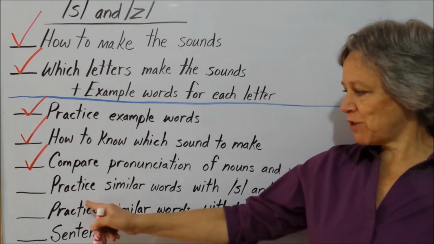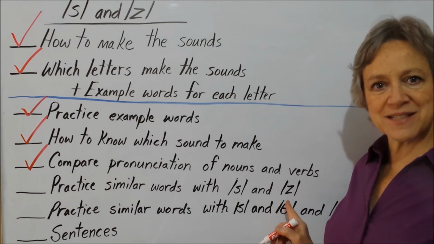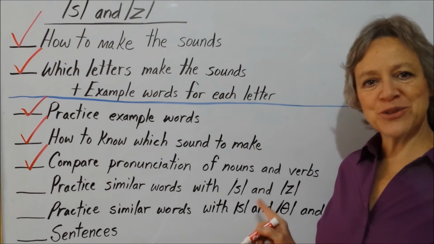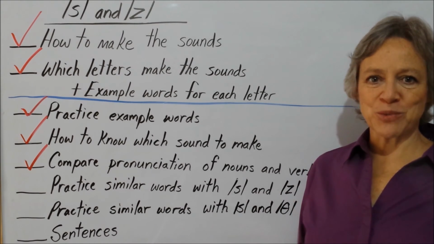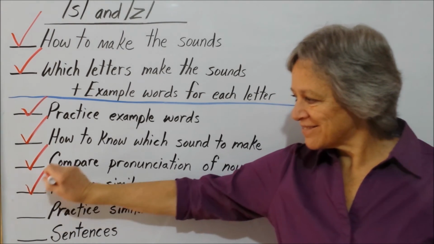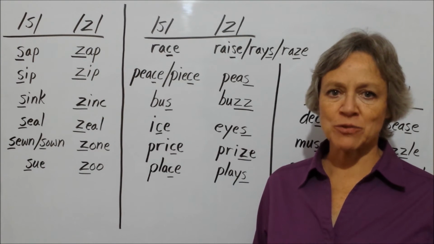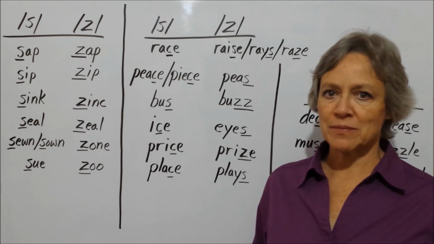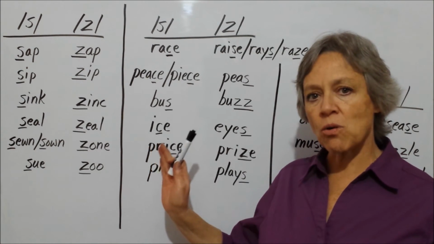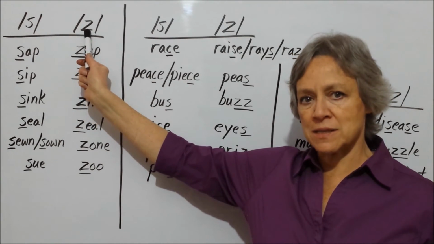Now it's time to practice similar words with the s and z sounds, and to help you try to distinguish between these similar words. Let's look at some similar sounding words, and please practice saying these words with me. The words differ only in the sounds s and z.